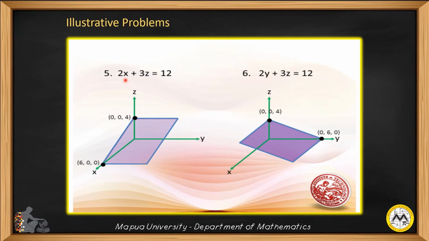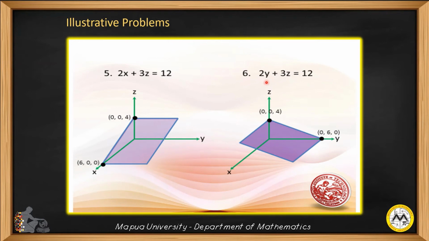When x is 0, z is 4. So we locate these points, (6, 0, 0) and (0, 0, 4). We connect these two points with a line, and then we translate or move this line parallel to the y-axis, resulting now in this plane here.